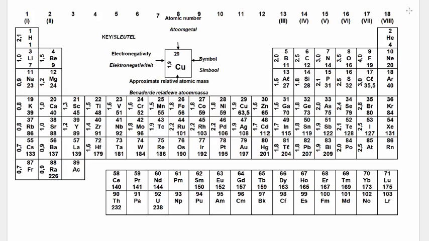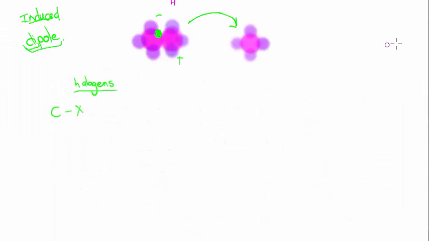Okay? So what happens when we have a carbon now bonded to one of these? Okay, let's put them in red.